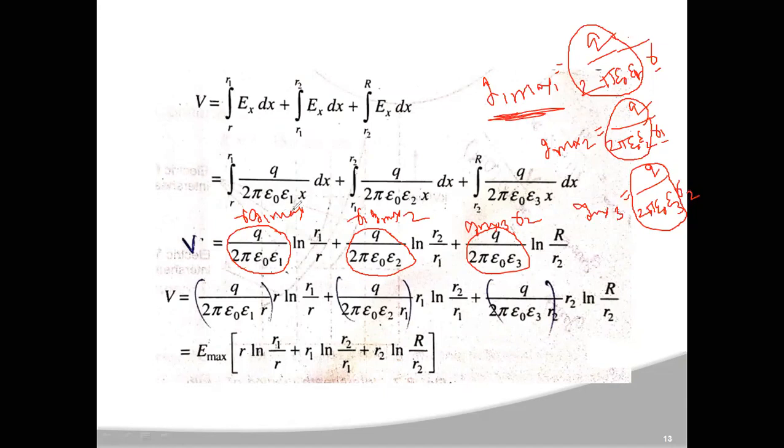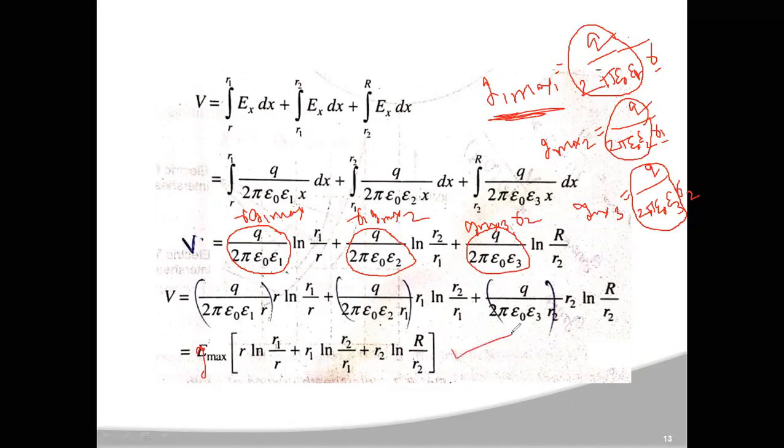Suppose G max 1, G max 2, G max 3 are all the same. If the same maximum stress is given, then you can take out G max as a common value. Then this will become r into ln R1 by r, plus R1 into ln R2 by R1, plus R2 into ln capital R by R2.